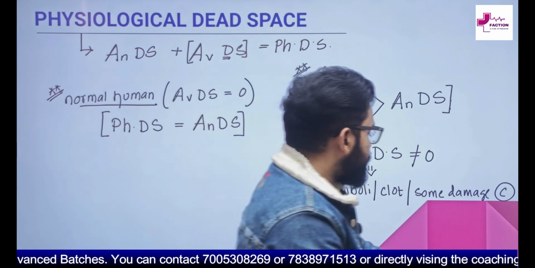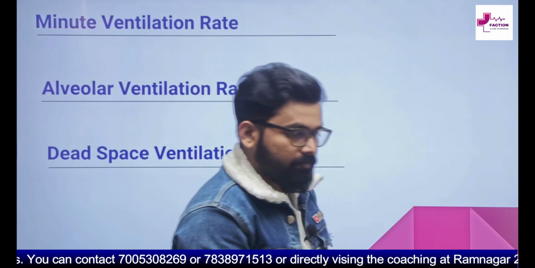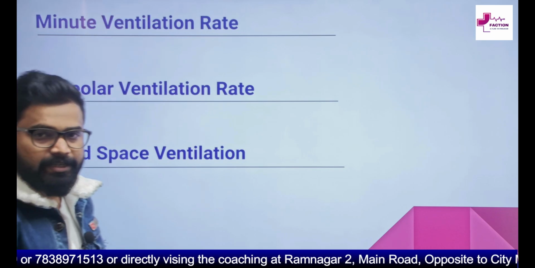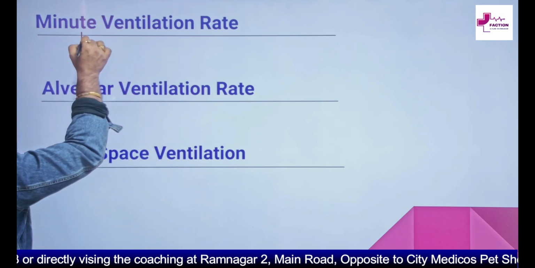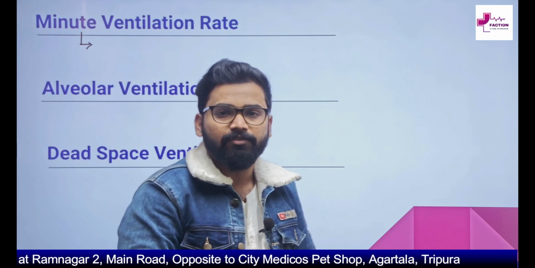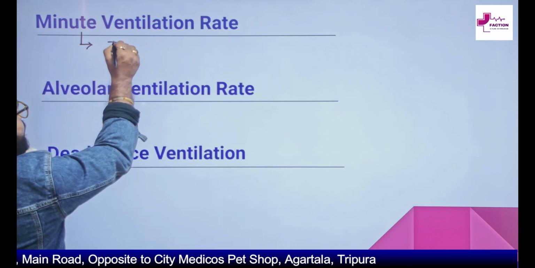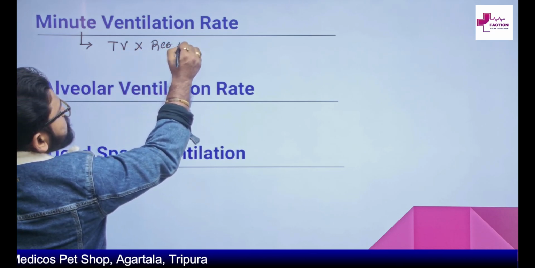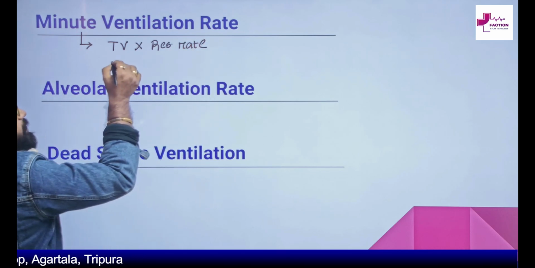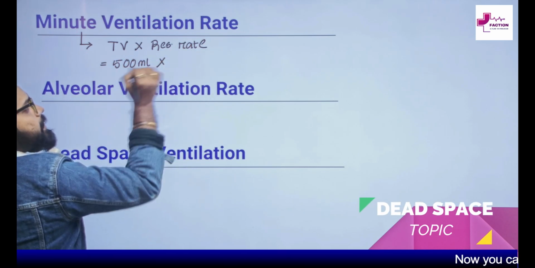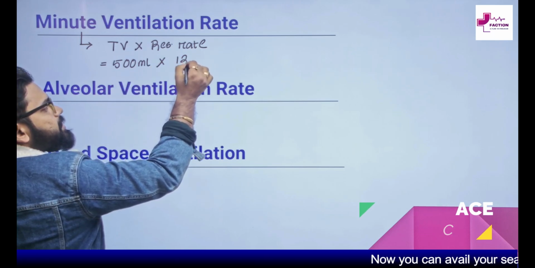Fine. Next. What is minute ventilation rate? That amount of air that comes into the lungs is what? Tidal volume, 500 ml. This is tidal volume into respiration rate. So the tidal volume is approximately around 500 ml and respiration rate is 12 to 16 per minute.